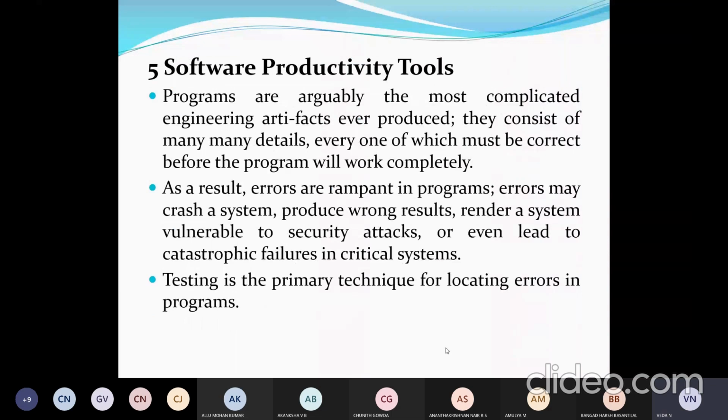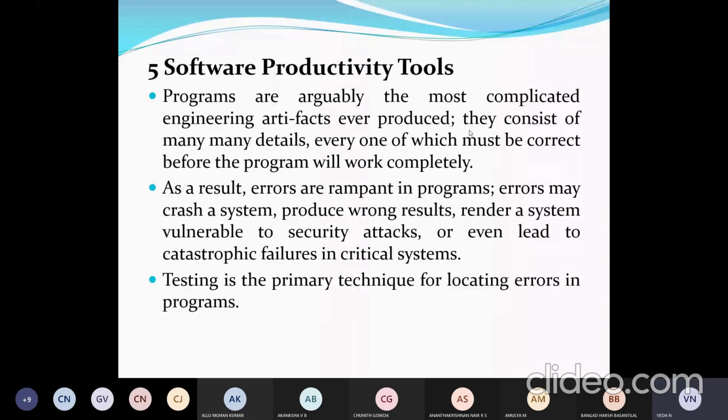And next is software productivity tools. This is the last application of compiler technology. Before you actually start writing the program, you have to think about all the possibilities of what it has to do, and you have to take care of the errors which come up also.